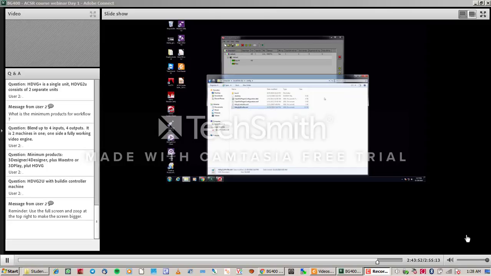But at least we are safe that even if we restart the HDVG and none of the workstations in the network are available together with the server, still the machine will wake up and the render engine will start with the proper configuration. And then whenever Maestro and 3D Play are ready, we can just connect them, load the graphics, and start the playout. We don't need to repeat the restart procedure, at least of the render engine again.